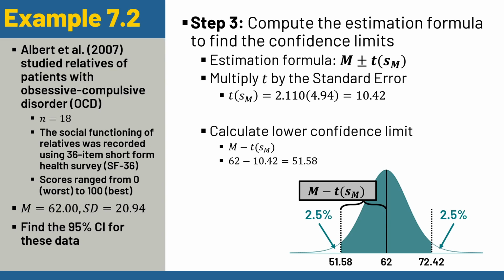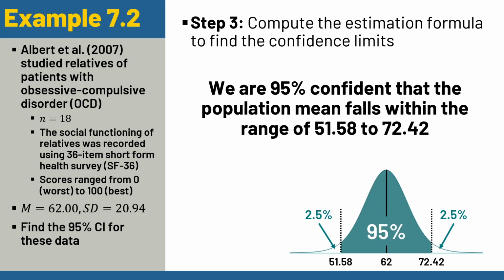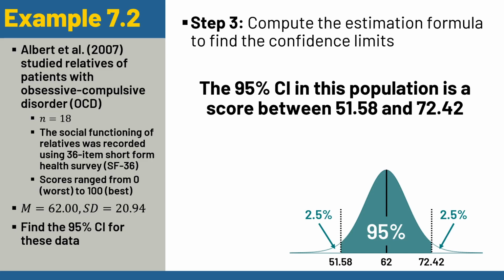Well, the answer is 51.58. Right? That's all there is to it. It's that simple. And so here we can say we are 95% confident that the population mean falls within the range of 51.58 to 72.42. Or in other words, the 95% confidence interval in this population is a score between 51.58 and 72.42.